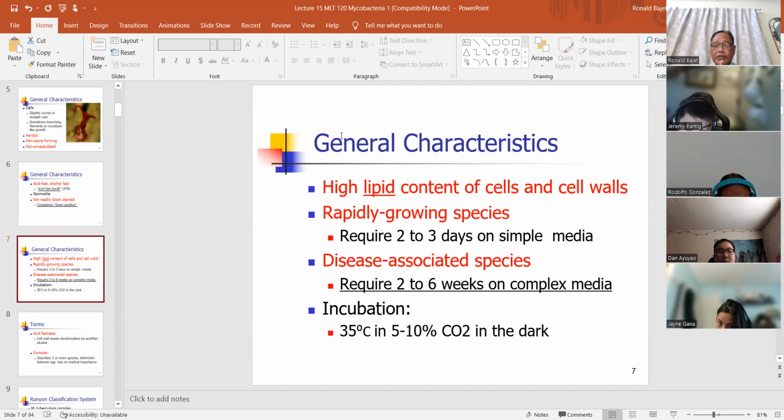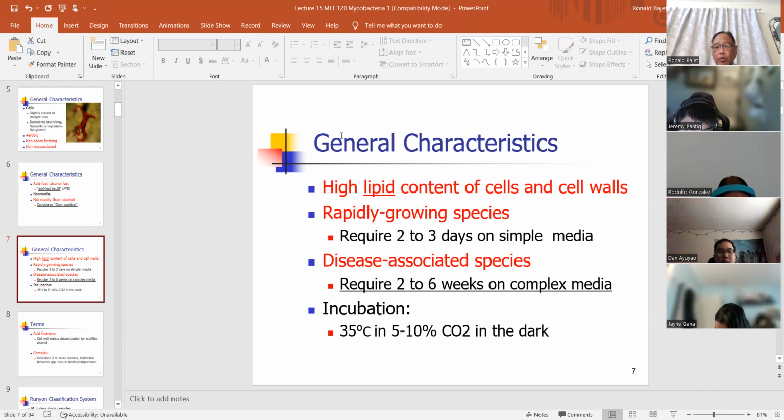So the rapidly growing species are the non-pathogenic, and the ones that take 2 to 6 weeks on complex media, usually the Lowenstein-Jensen or the Middlebrook. Those come in tubes. 2 to 6 weeks.